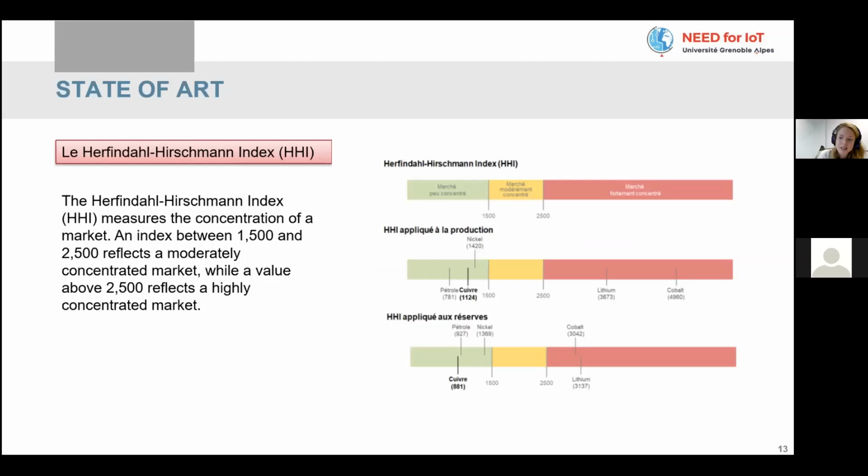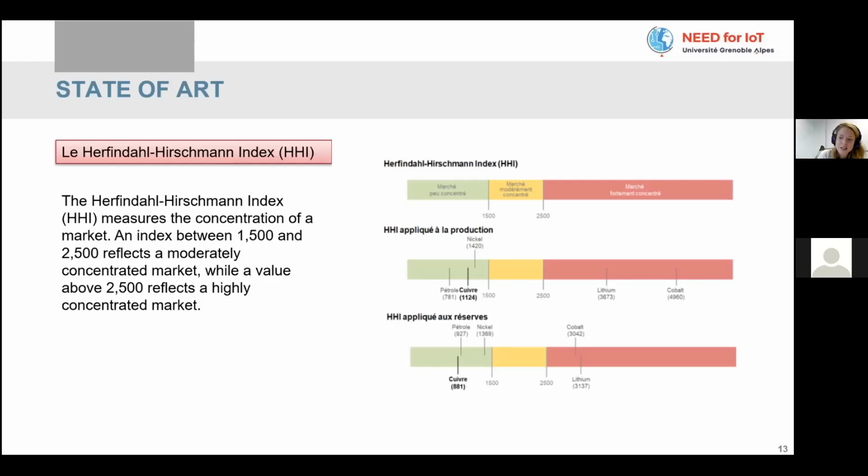Okay, thank you. So here, to illustrate our parameters, we have the HHI index, which illustrates the concentration of producers of each material. The more concentrated in one country, the more critical for us. This is one of the supply risks that the first approach cannot capture.